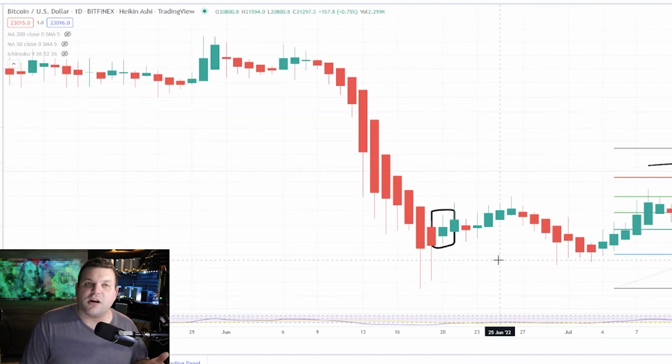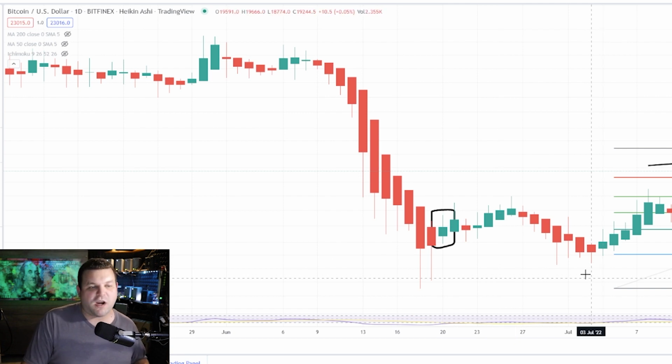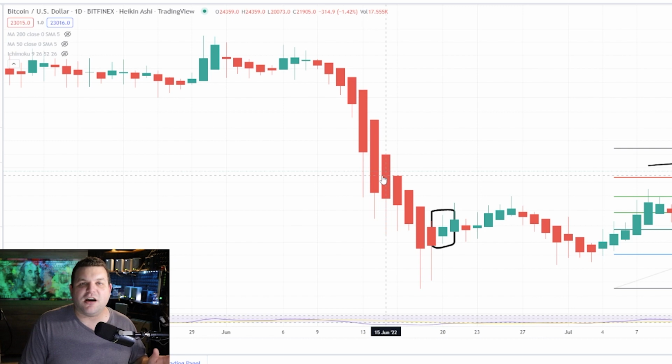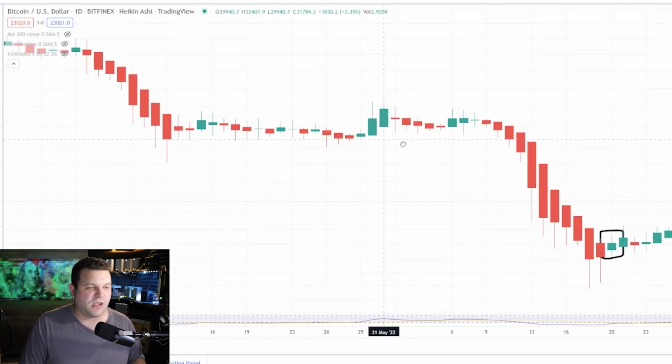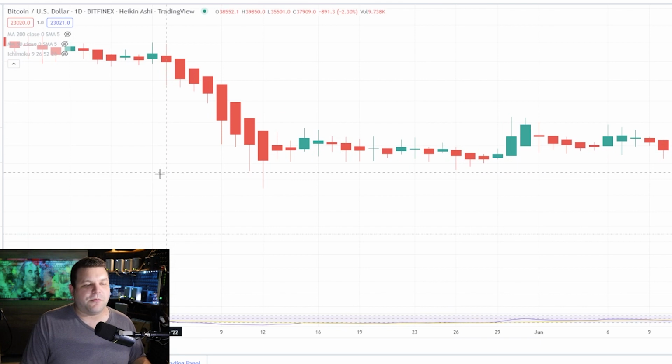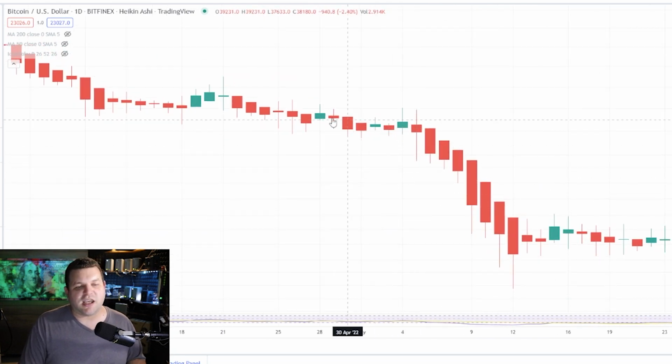I look for any type of spinning tops, and I will look for any type of doji stars. So when I start to see those types of candlesticks popping up, I'll know that there might be a market move lying in wait.